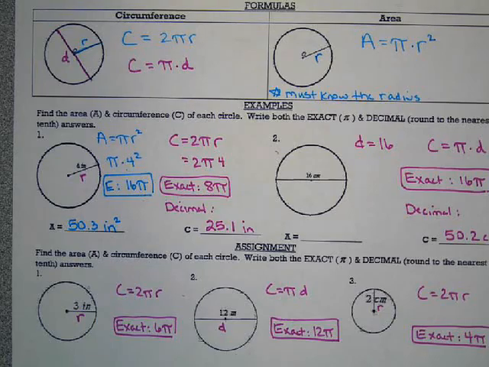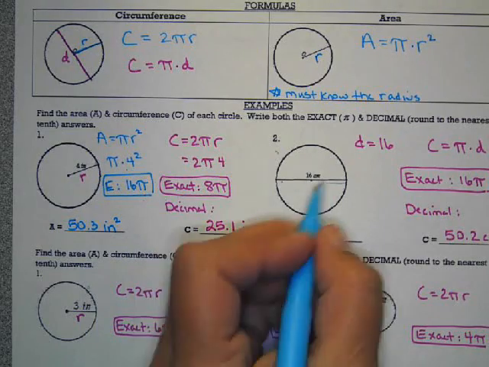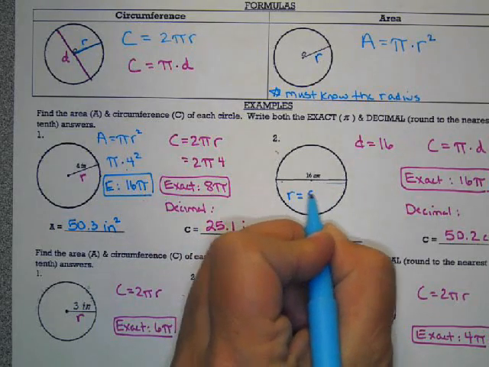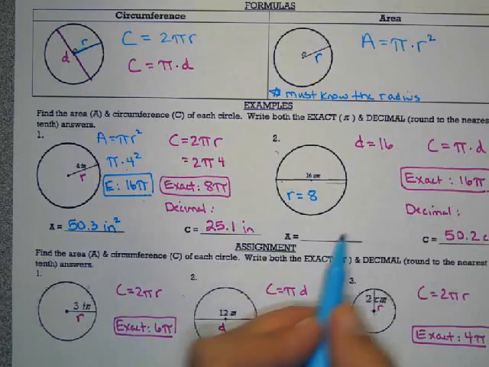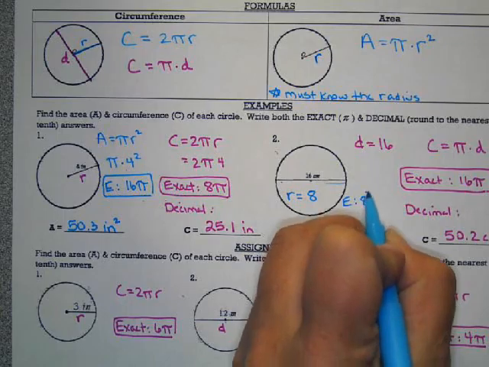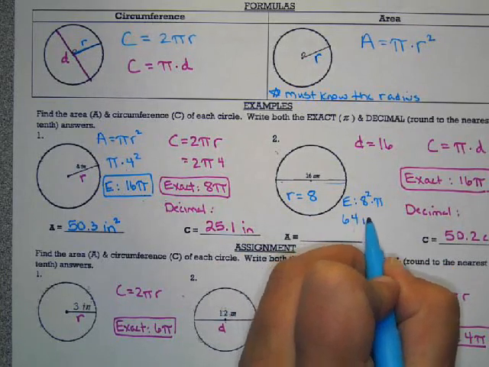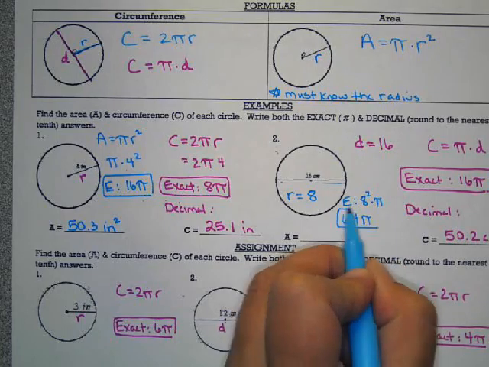So for number 2, we're given the diameter. I need the radius, 8, yes. So for the exact answer, it's going to be 8 squared times pi. And 8 squared is 64. So that's my exact answer. E for exact.